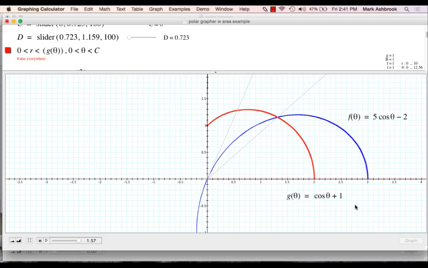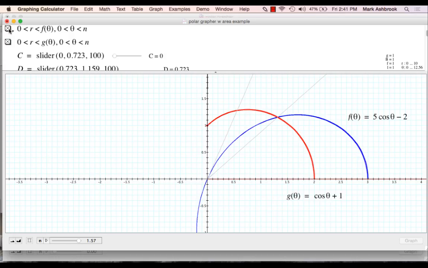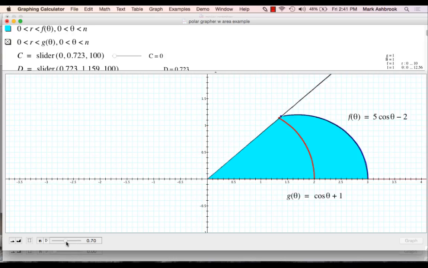So the blue one is f, the red one is g. Okay, and so I want to calculate all that shaded region right there.